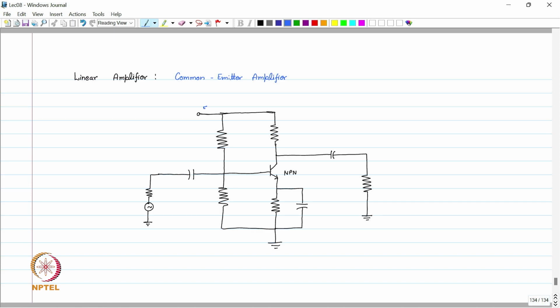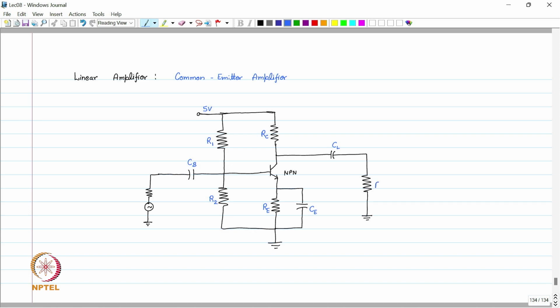We have typically a voltage of 5 volt at the supply, and this is the RC, the collector resistance. This is the voltage divider bias. So RB1 or R1 simply, and R2 are the voltage divider biases. This is RE, the emitter resistance, and at the emitter we have a capacitor as well, which is called the CE or the emitter capacitance, and we use CB and C load.